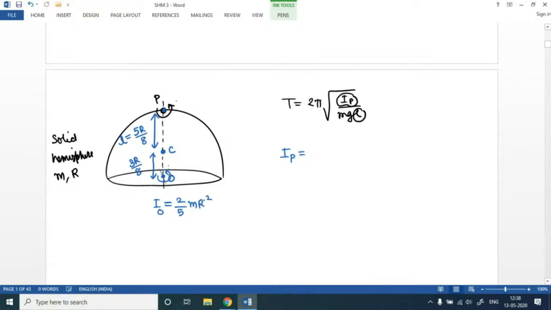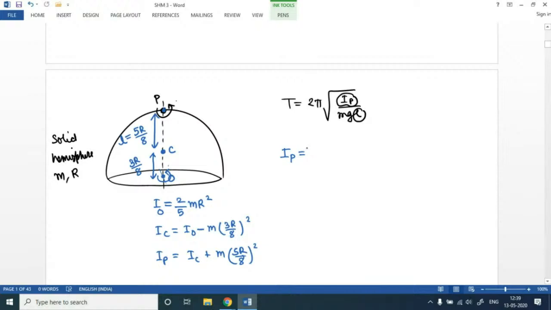So I_C, using the parallel axis theorem, would be I_O minus m into the distance between them, 3r by 8, whole square. Then you can find I_P, and I_P would be I_C plus m into 5r by 8 whole square, again using the parallel axis theorem.